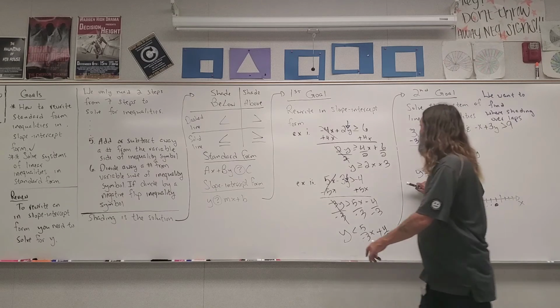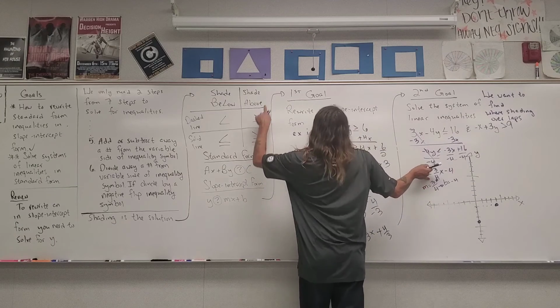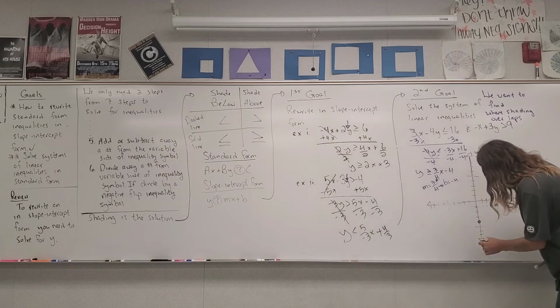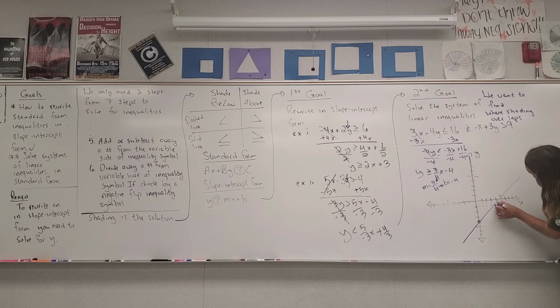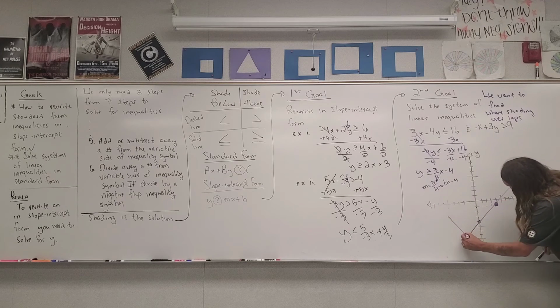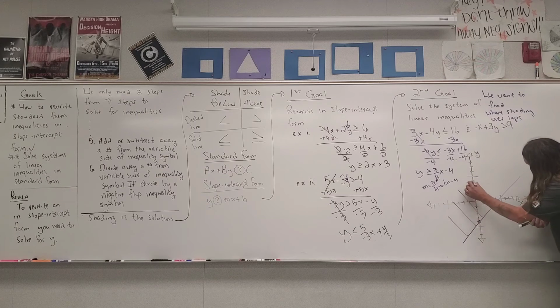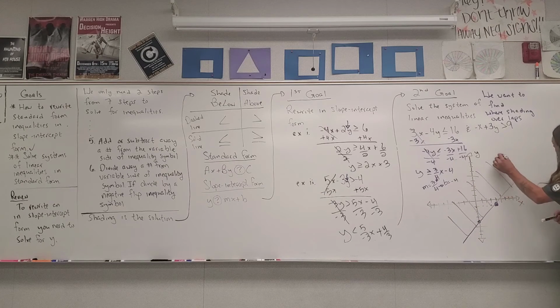My line is solid, and I shade above. I airballed that a little bit, I'll adjust that. And I shade above. So this would be the solution to that first inequality. Let me erase this a little bit.